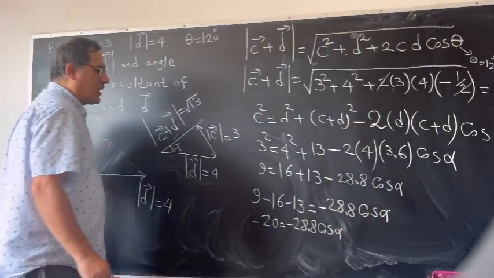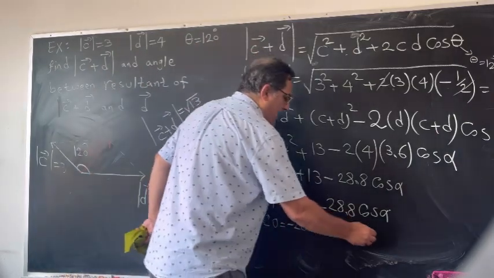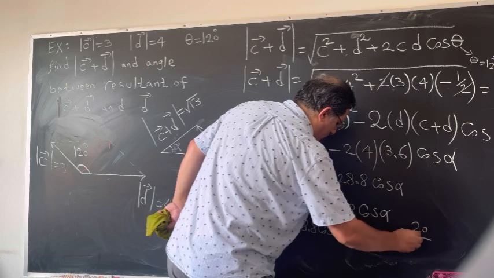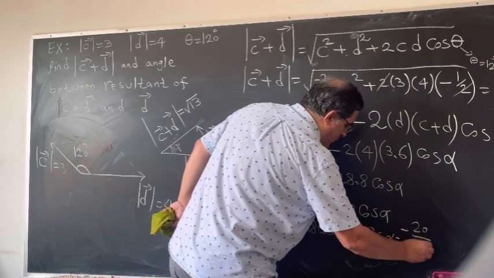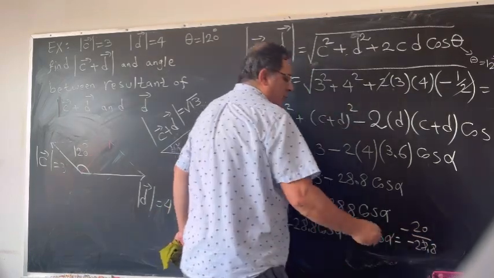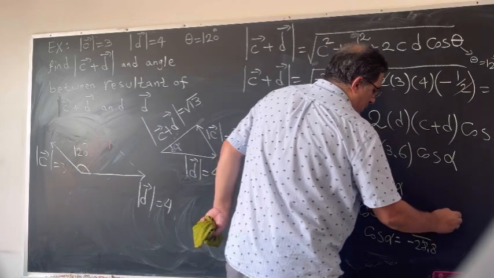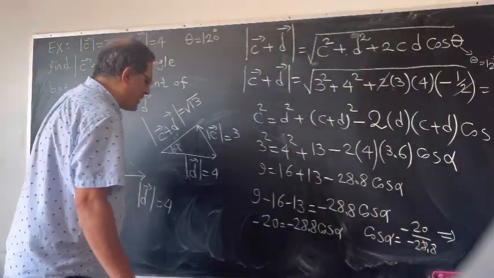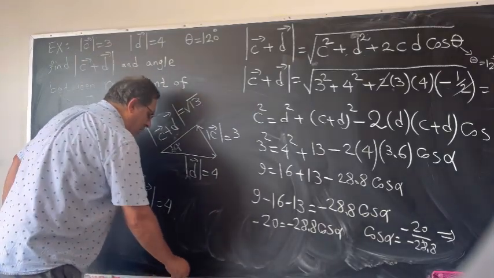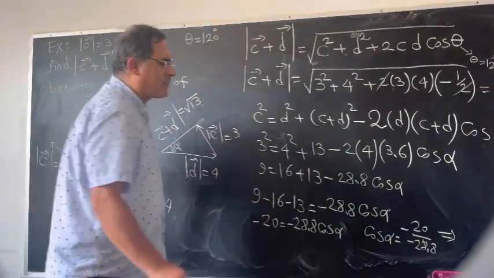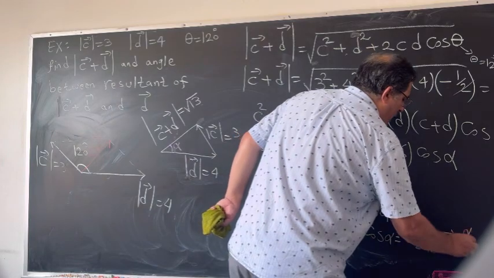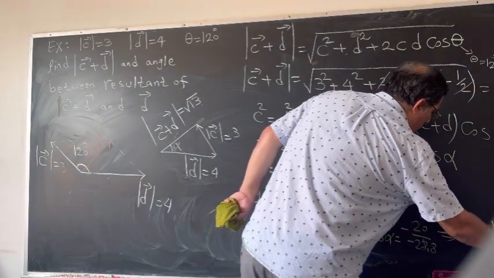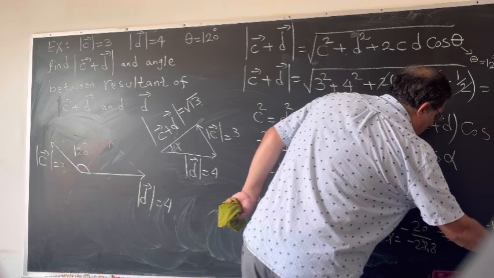So cosine alpha is minus 20 divided by minus 28.8. If you simplify, anytime you want to find the angle you have to take the inverse function. Alpha is cosine inverse of 20 over 28.8.